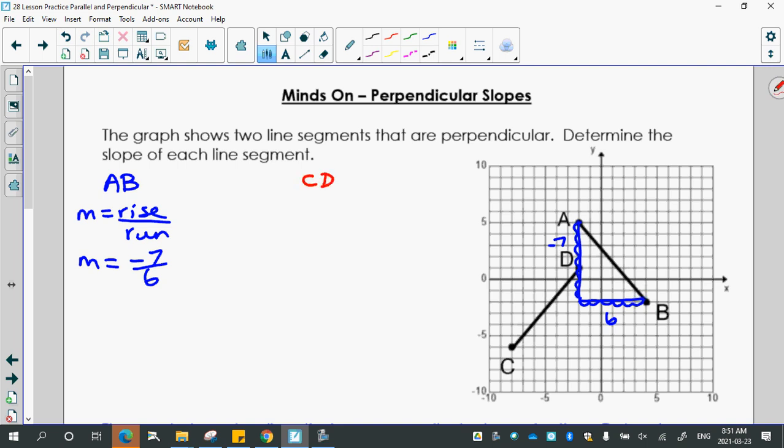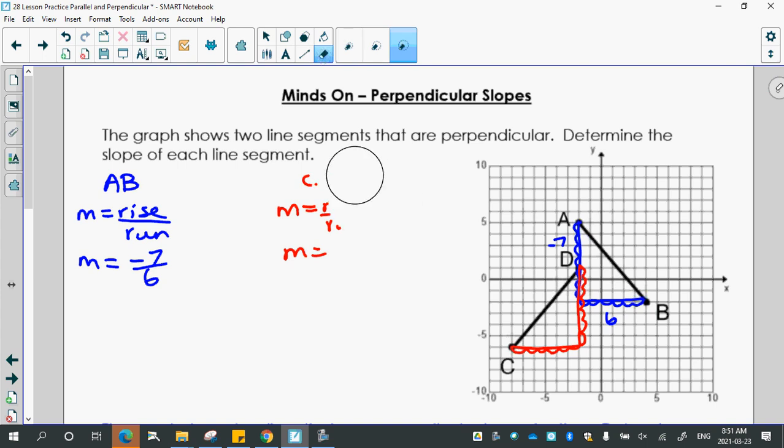For CD, holy, I made a mistake. My bad. Oh, sorry guys. Can you erase CD? I'll just draw another line segment up here.